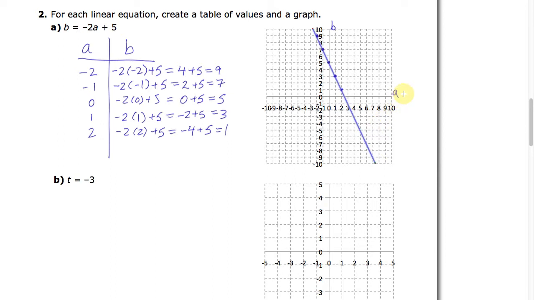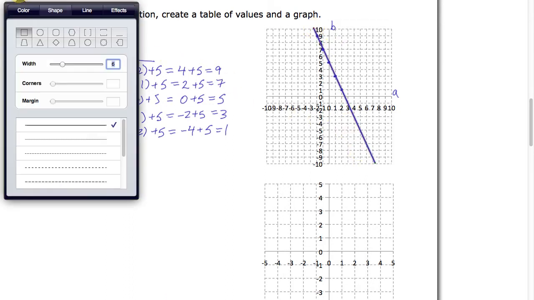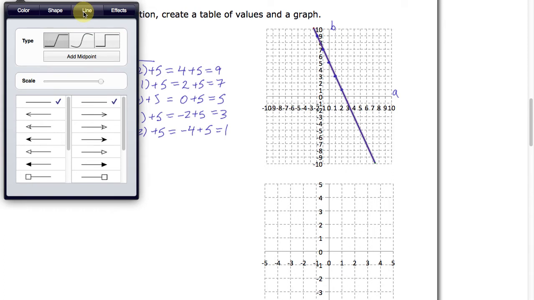That takes us right to the edge of the grid here. And typically what we would do for this straight line to indicate that this line does continue on in both directions is that we would put arrows on the ends. So this line, I'm going to indicate that it continues on in both directions by putting on some arrows.